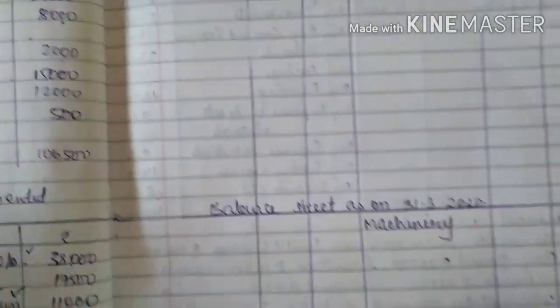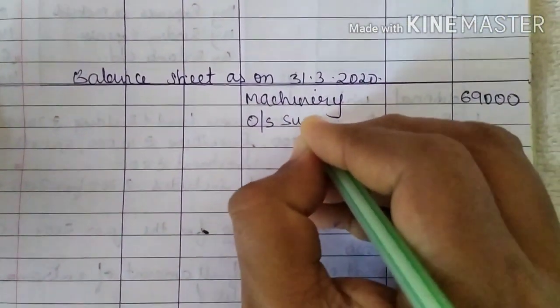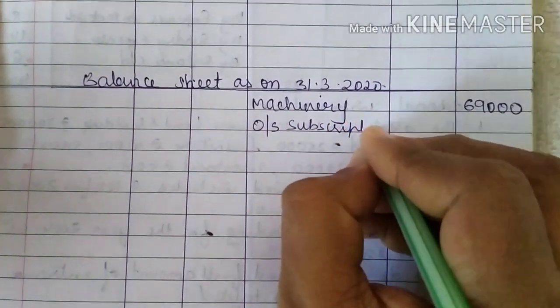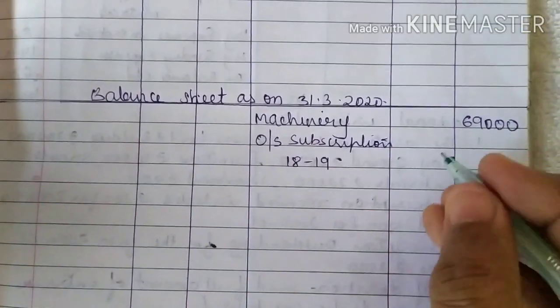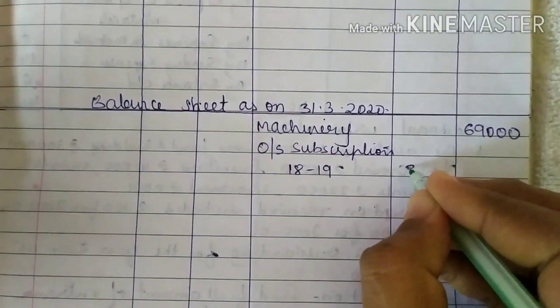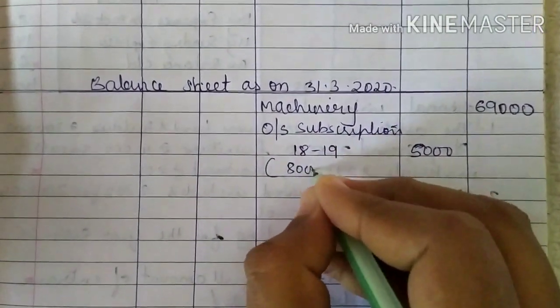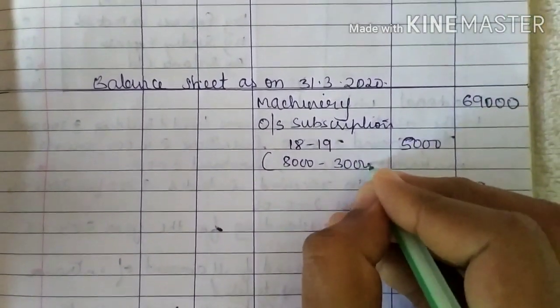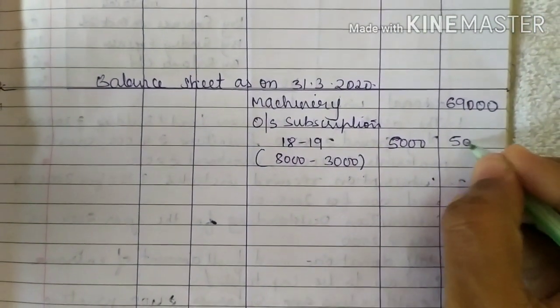So that means it is an asset, outstanding subscription of 2018-19. It is 5,000 rupees. How did we get 5,000? 8,000 minus received amount 3,000. So 5,000 is still pending in the outer column.